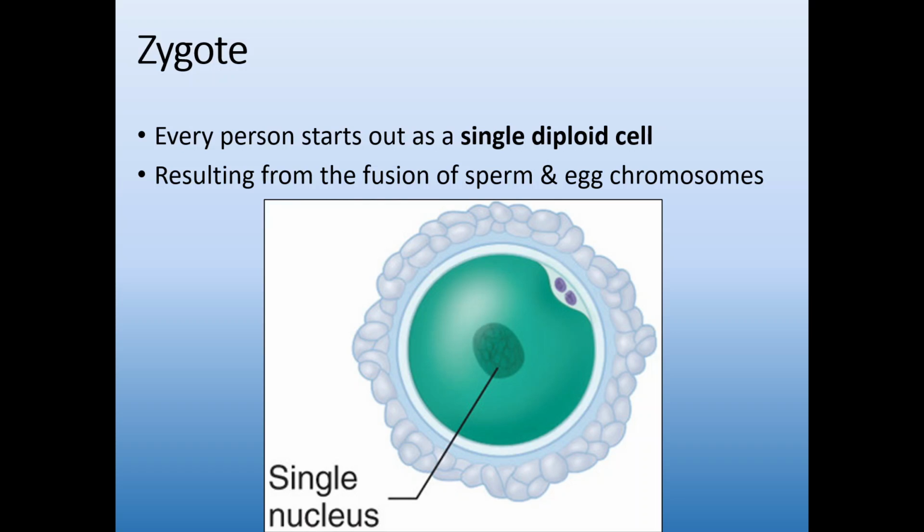All right, so we're going to jump back to where I started in this lecture. We start as a single diploid cell, the zygote, the fertilized egg, the fusion of genetic material from the sperm and the egg. This zygote is now going to undergo mitosis because we don't need to be creating gametes from this cell. We just need to be making more somatic cells.